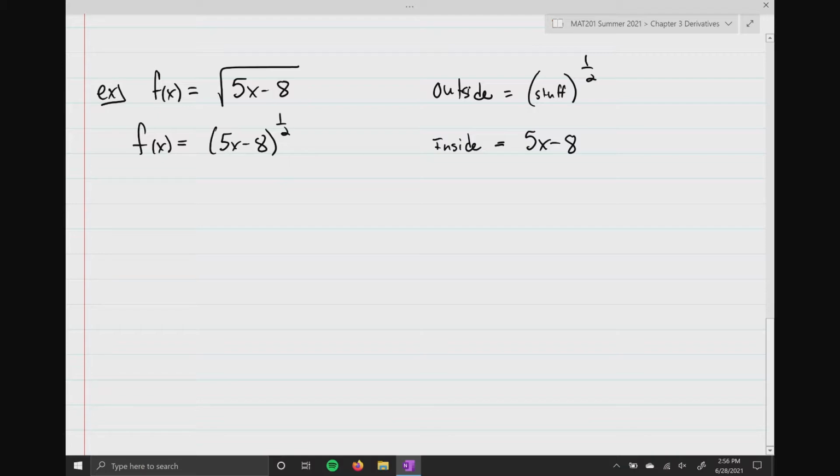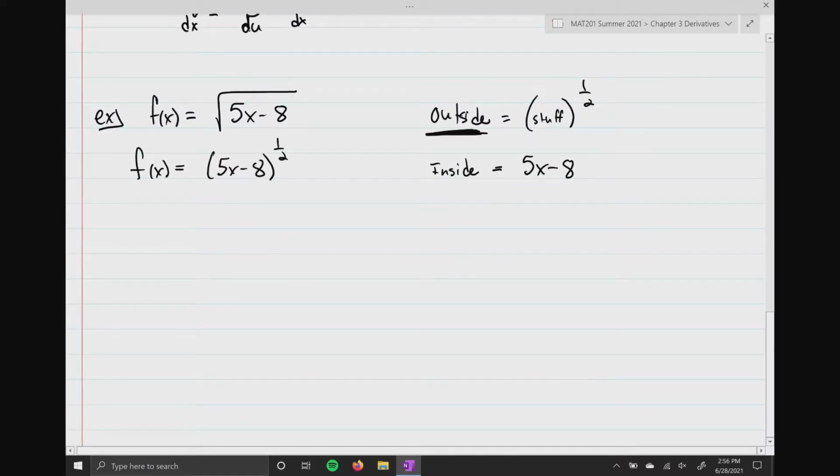So if you think about this, what we're going to do is take the derivative of the outside function, rewrite the inside function, and then multiply by the derivative of the inside function. What I mean by that is the derivative is going to be the derivative of the outside function. So notice all I did is I took the 1/2, I pulled it out front, and then I subtracted it from 1.